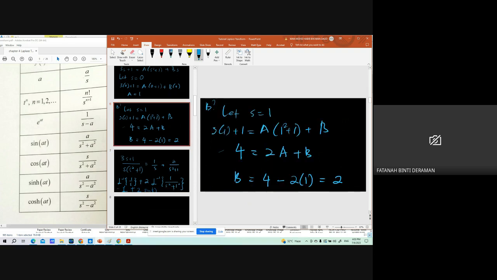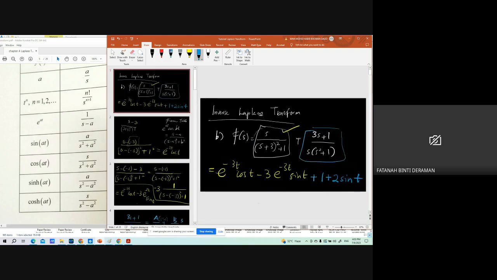So the correct answer is this. These two, not 3. The answer at the back is 3. Okay.